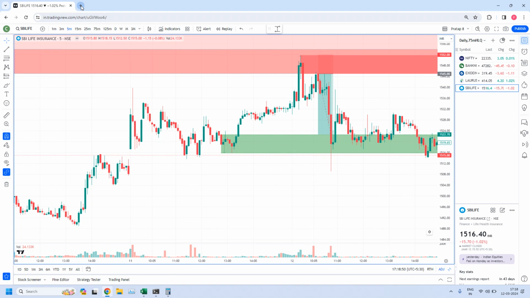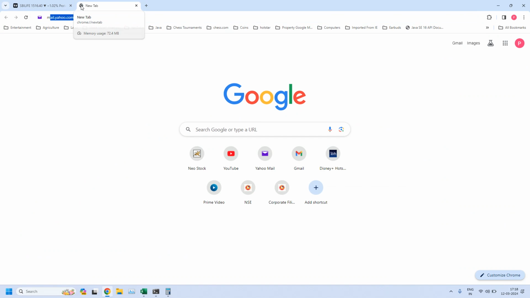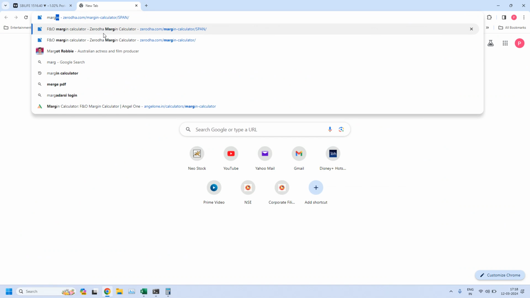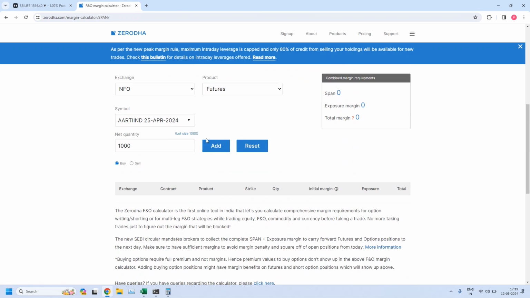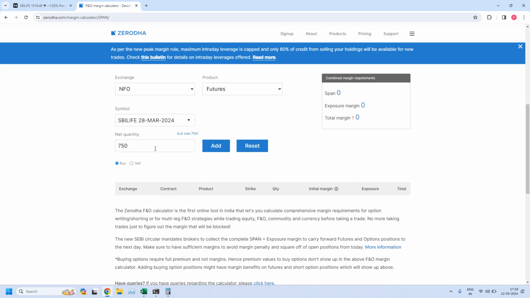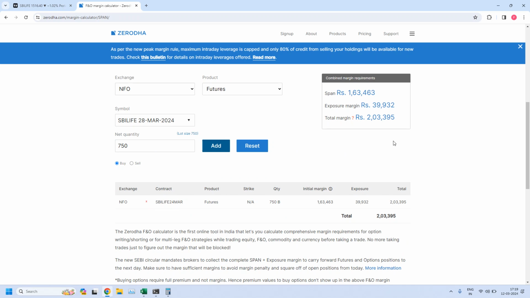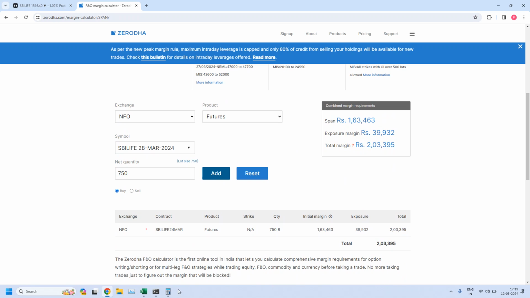Let us calculate. This is SBI Life. So let me open the Zerodha margin calculator. SBI Life, March 28, lot size 750, and 2 lakh capital is around 3,395 approximately.